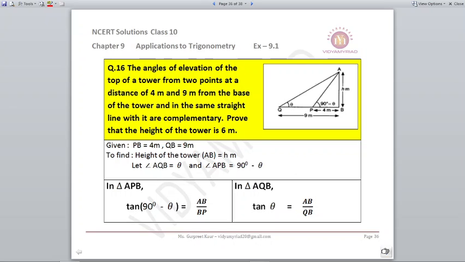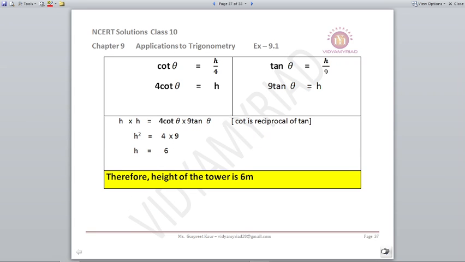If I take triangle AQB, the big triangle, in that tan theta will be equal to AB upon QB. We already have done in the previous chapter that tan 90 minus theta will become cot theta. So cot theta will become h upon 4.